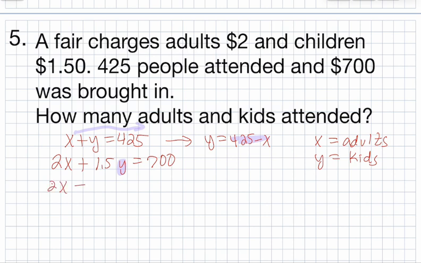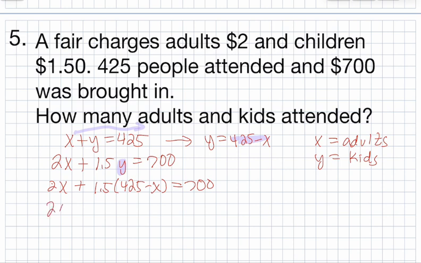So I get 2x plus 1.5 times 425 minus x should equal 700. Now, what you might notice then is that now we have an equation that only contains x's, which is great. And think about how we would solve it. The first thing we have to get rid of is this 1.5. Let's distribute.